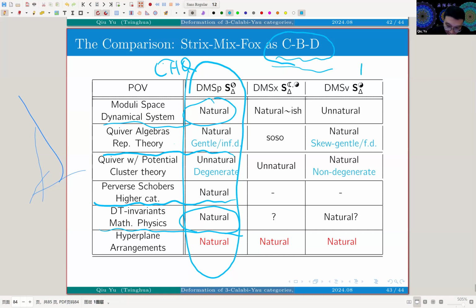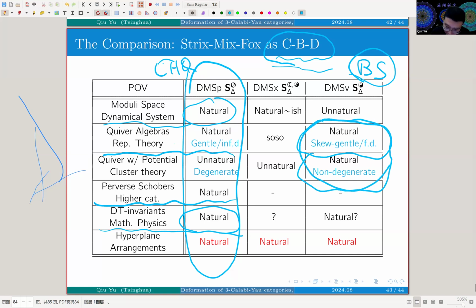On the other hand, there is the story of Bridgeland and Smith. They did this work many years ago, and it is also natural from the quiver representation point of view because it's skew-gentle, it's finite dimensional, and the quiver's potential is non-degenerate.